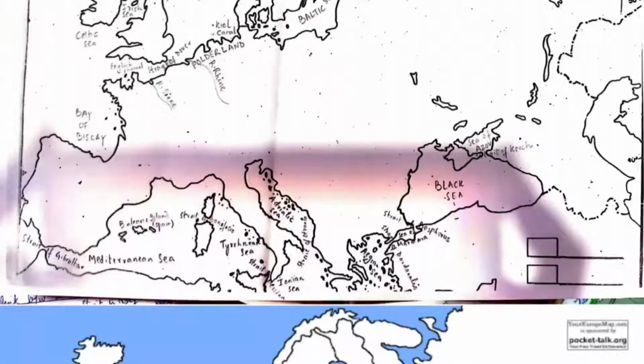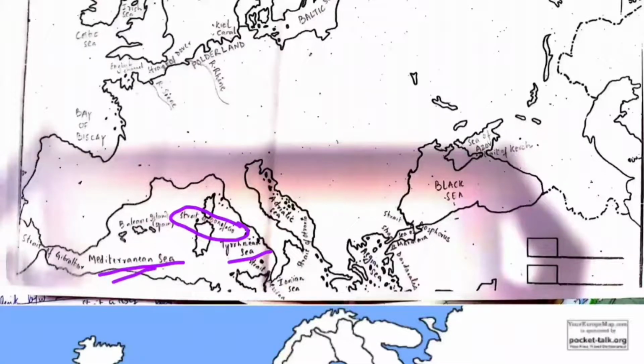Moving forward, we talk about another strait that is called the Strait of Bonifacio. It is also a strait which is connecting the Mediterranean Sea with the Tyrrhenian Sea. This is the Mediterranean Sea and this is the Tyrrhenian Sea, and in between them is the Strait of Bonifacio.